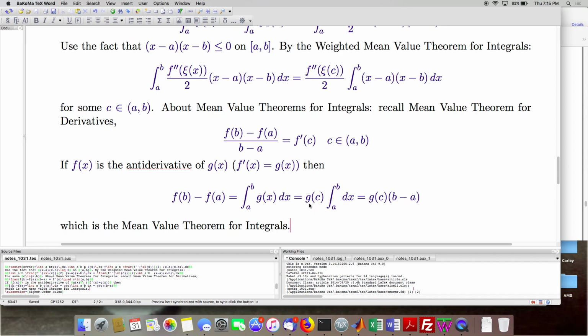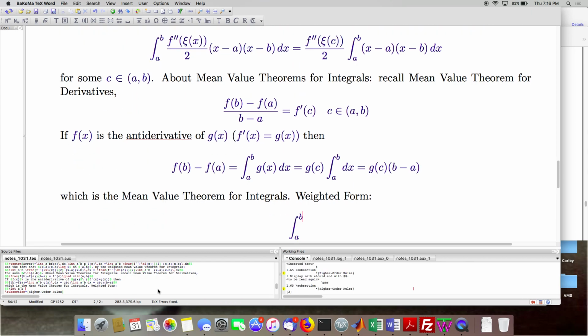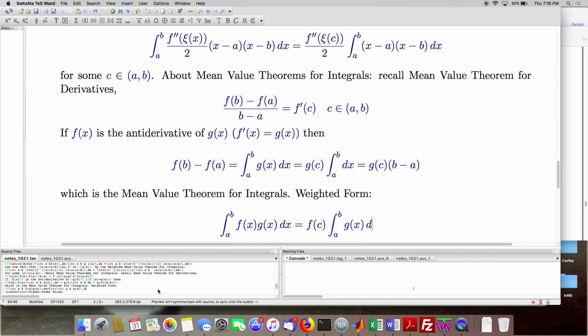Now, this is close to what I've used here, except I had this function in here, but it's a function that did not change sign. So the weighted form is the following. The integral from a to b of f of x times g of x dx is equal to f of c times the integral of g of x dx.